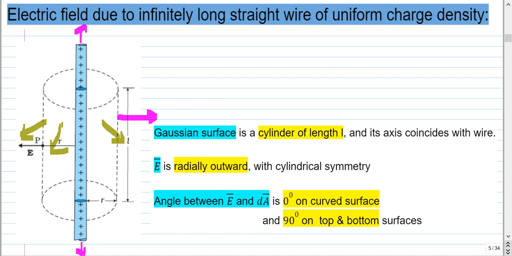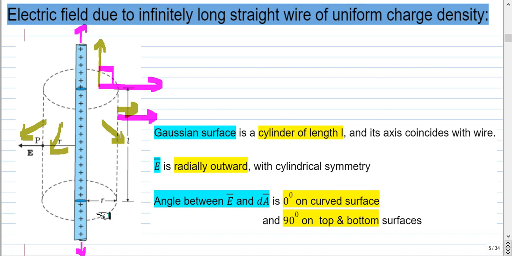So the direction of the area vector on the curved surface is the outward normal, in this direction. So the angle between the electric field vector and the area vector is 0 on the curved surface. On the top surface, the area vector is the outward normal, which is radially upwards, and the electric field vector is in the radial direction. So the angle between them is 90 degrees.